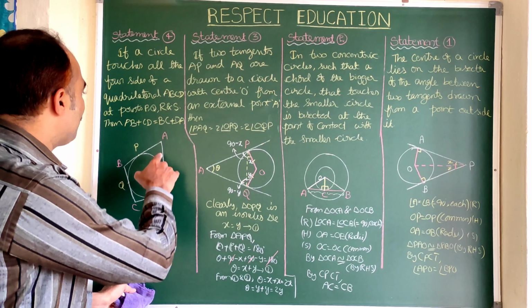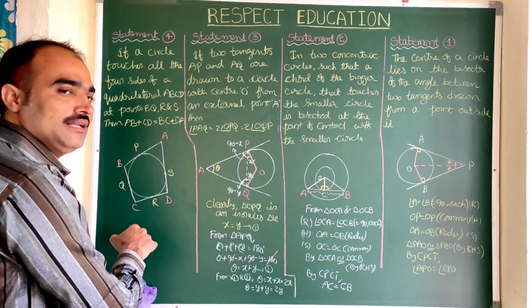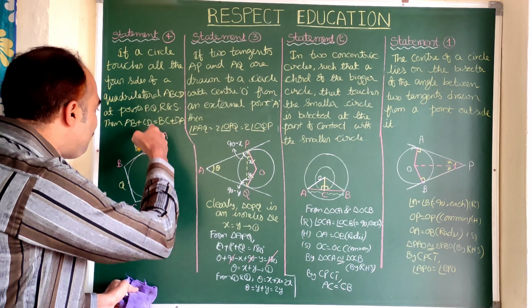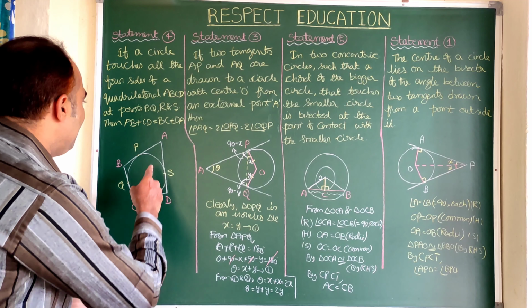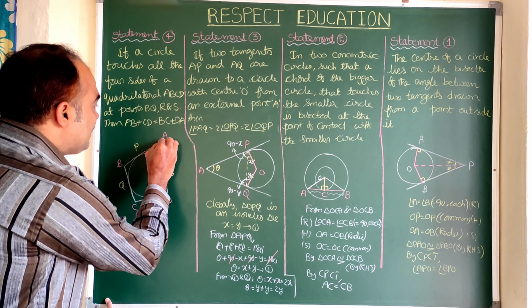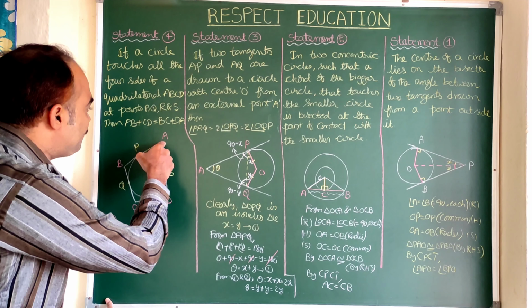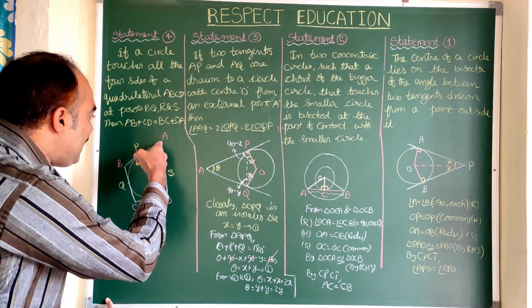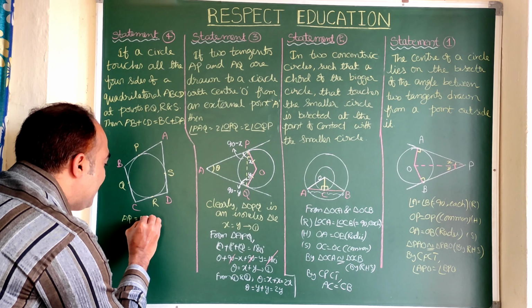Now we need to prove AB plus CD, the sum of the opposite sides, is equal to BC plus AD, the sum of these opposite sides. First, as we know, the lengths of tangents drawn from an external point are equal. So if you start from A, AP and AS are both equal. AP is equal to AS.